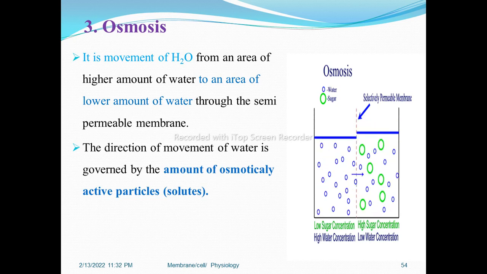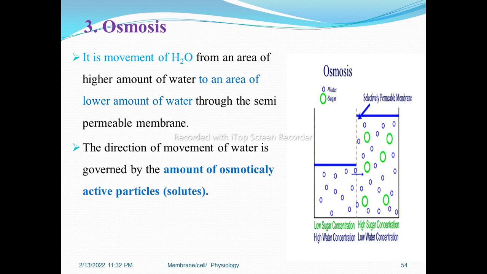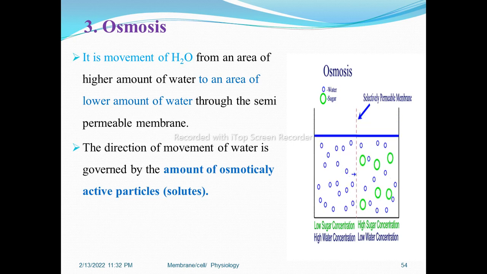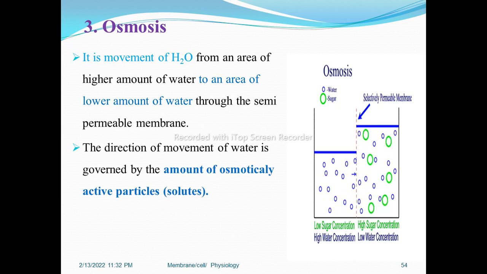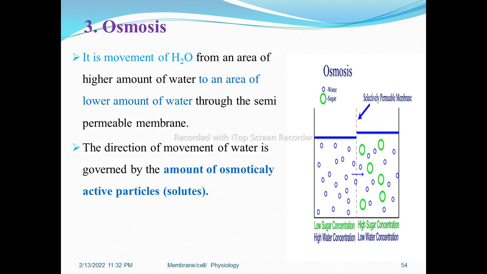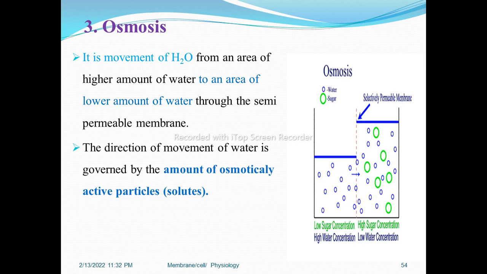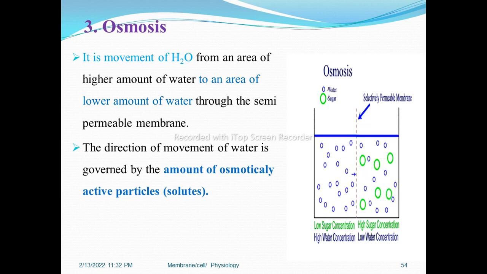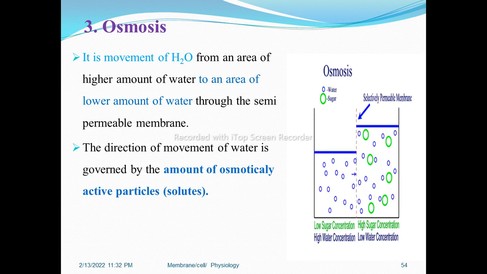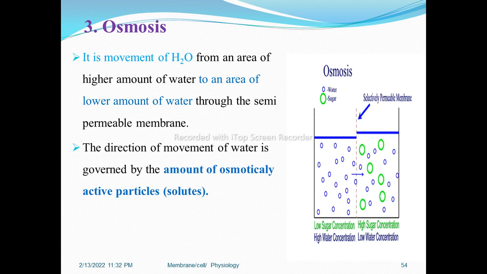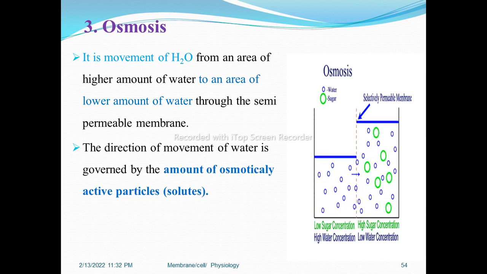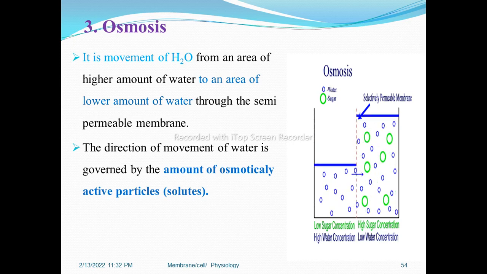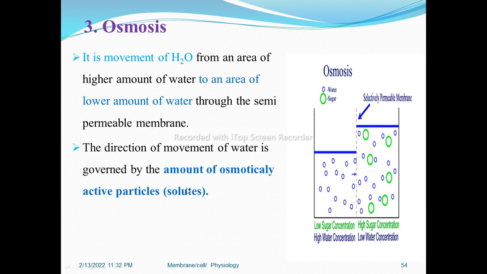So the difference is here. The second difference is that osmolarity is per 1 liter of solvent, whereas osmolality is per 1 kilogram of solvent. So this is a difference.